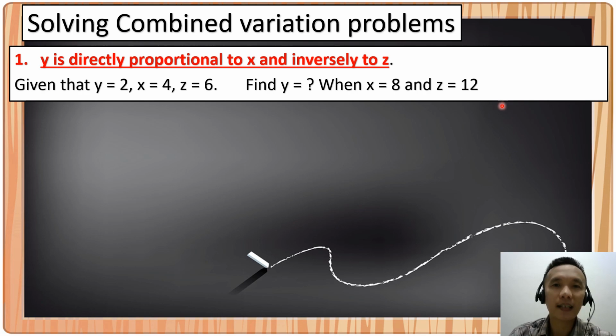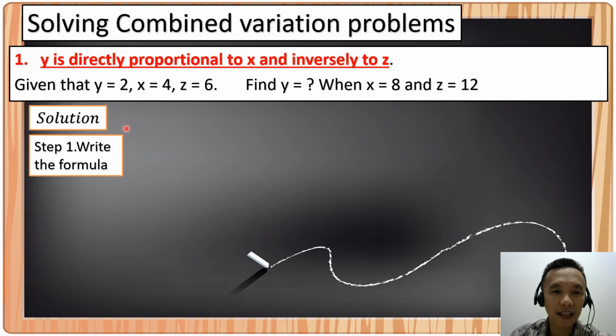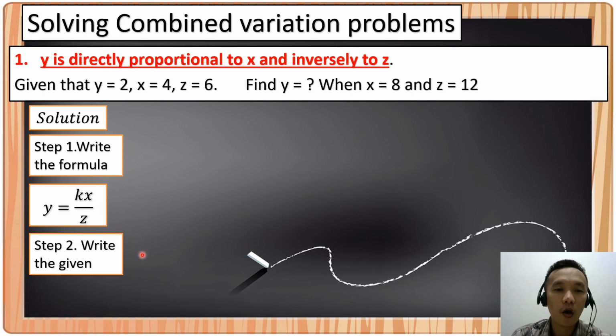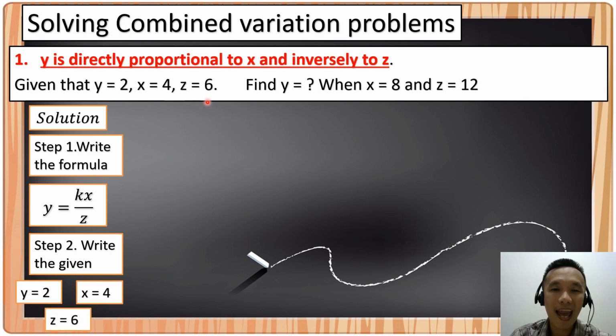For this problem, the first thing we are going to do is to write our formula. So we will have the formula y equal to k times x divided by z. Then after that, we are going to write our given. That is y equal to 2, x equal to 4, and z equal to 6.